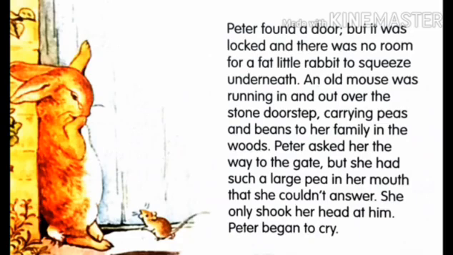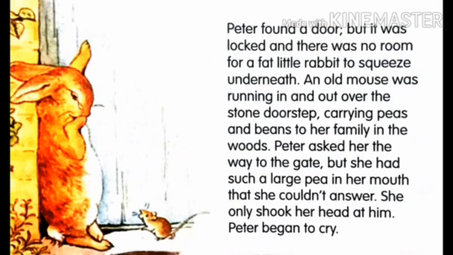Because it is small, it can squeeze under the door and go, but not the rabbit. Now, what is the mouse doing? It is carrying the peas and beans from the garden to its family in the woods. Woods, as we already discussed, means forest. So it is taking the food from the garden into the forest.